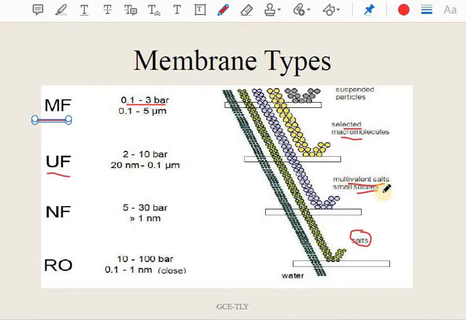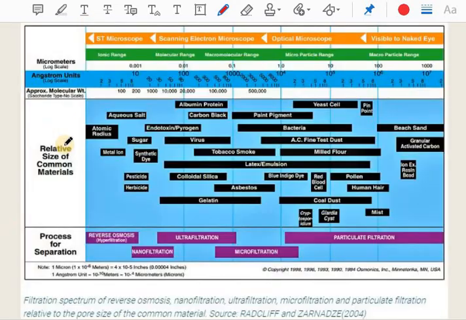Okay, so the most advanced and most efficient one, when we need very pure water, is RO filtration. And if we need some more salts present, we need to go for nanofiltration. And we choose this based on our choice or desire. So here you can see the size exclusion, what the materials are which are rejected here.